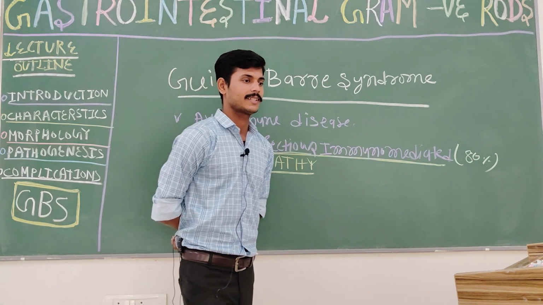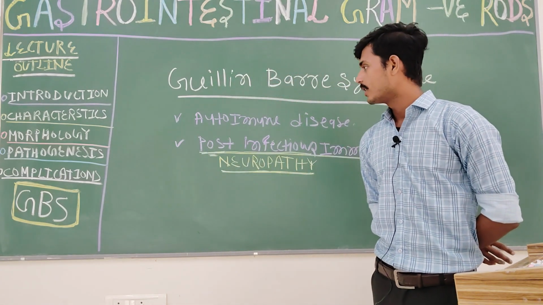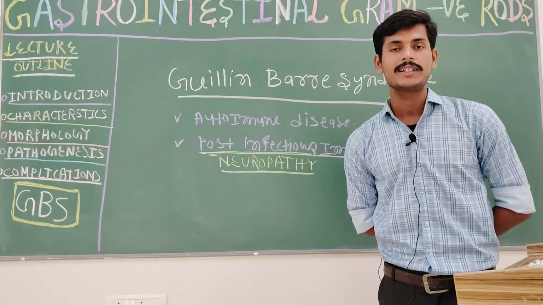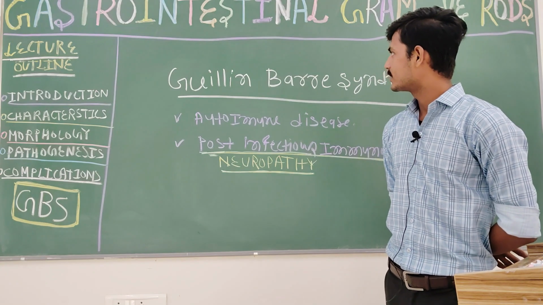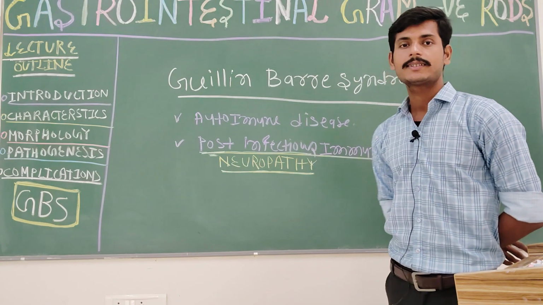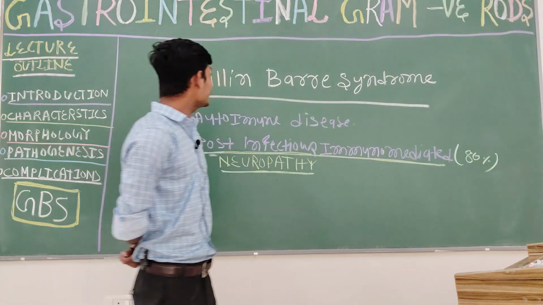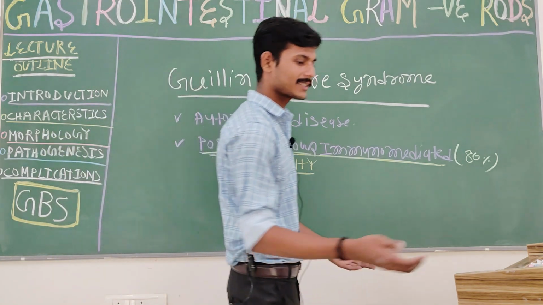In 80% of cases, patients reported that they had suffered from a bacterial or viral infection, and after 6 to 8 days or 1 month, the patient develops Guillain-Barré syndrome.